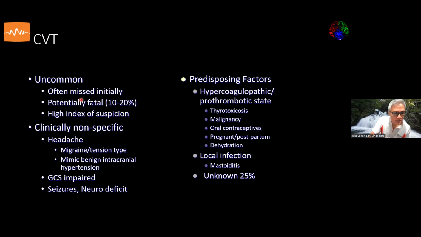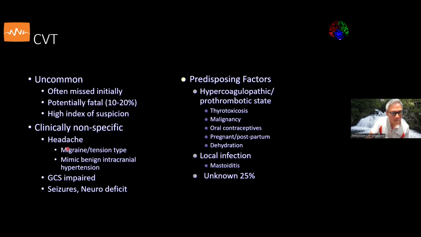Although it's important and fatal, we often miss this, and therefore we need to have a very high index of suspicion. The reason is that unlike ischemic stroke, which gives a very immediate neurological deficit, venous thrombosis is very non-specific and can be of slow onset.